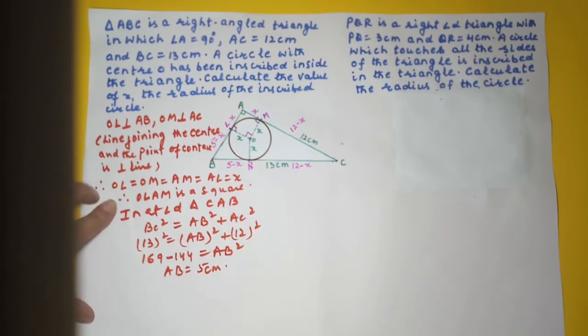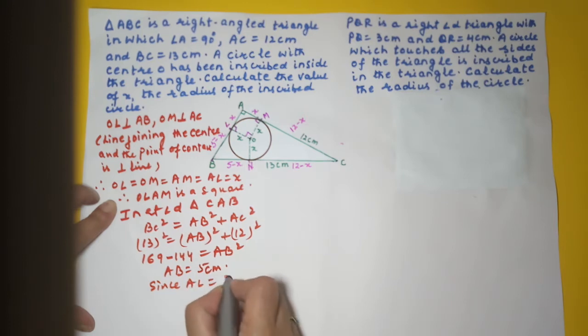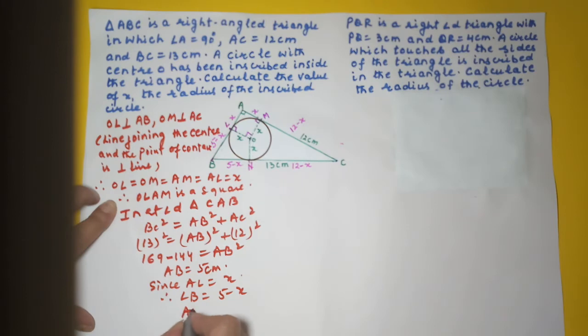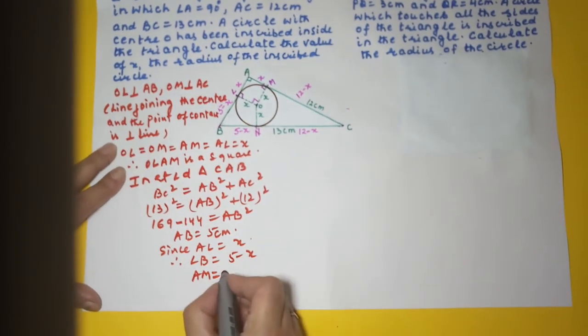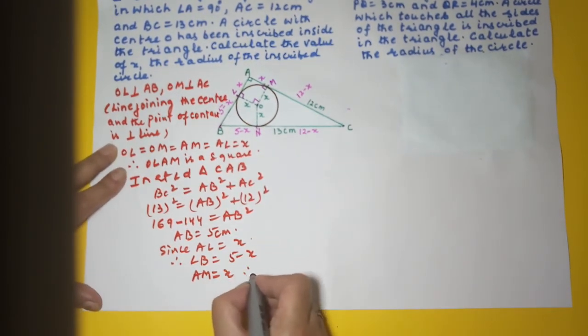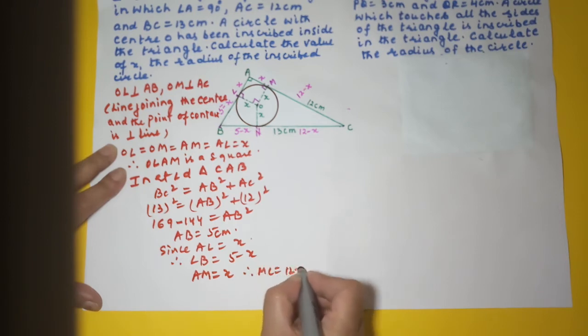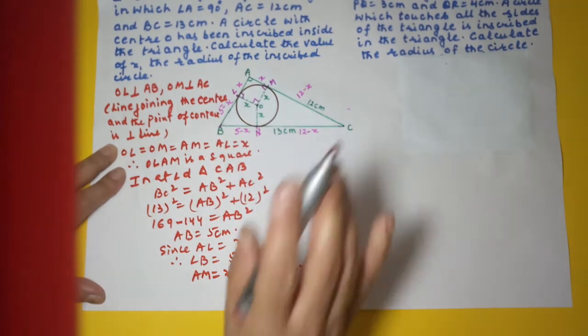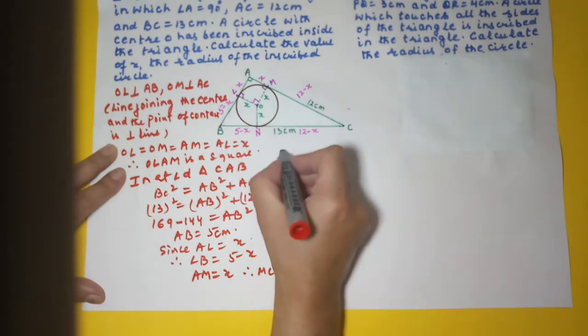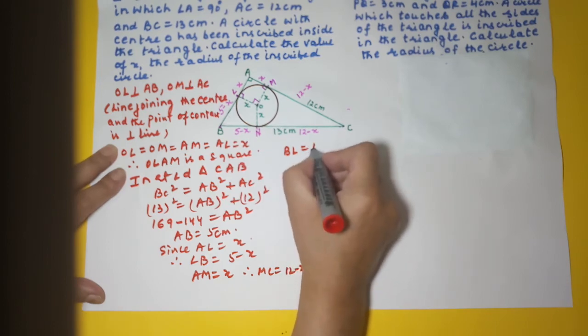Now, since AL is equal to X, therefore LB will be 5 minus X, right? Similarly, AM is equal to X, therefore MC will be 12 minus X, right? Okay. Now, we will write BL is equal to BN.